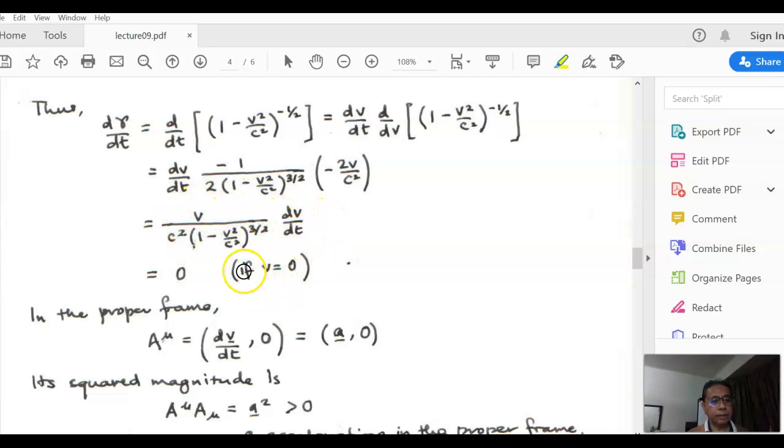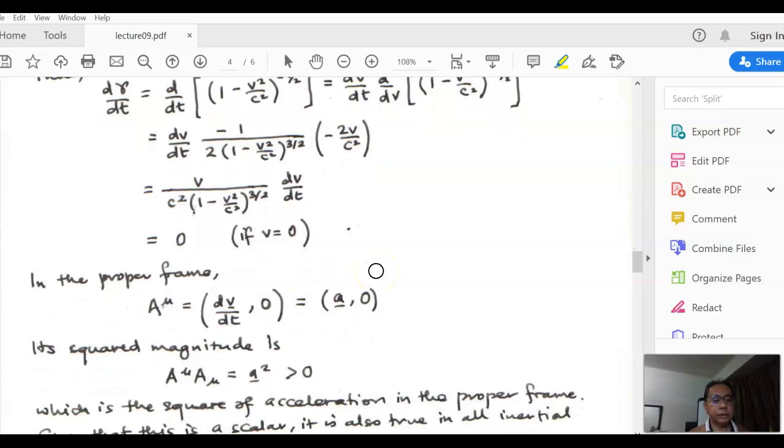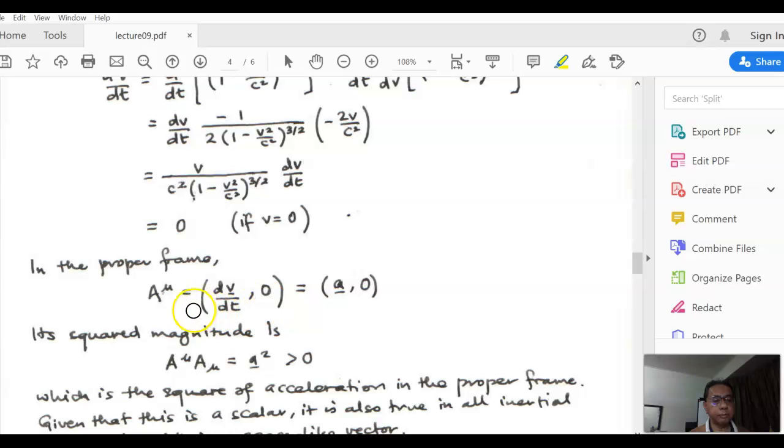So in other words, d gamma dt in the proper frame is actually equal to 0. In the proper frame, one will be able to write down what the components are. Essentially, the spatial component is just dv dt, which is just your normal acceleration, and the fourth component is actually 0.